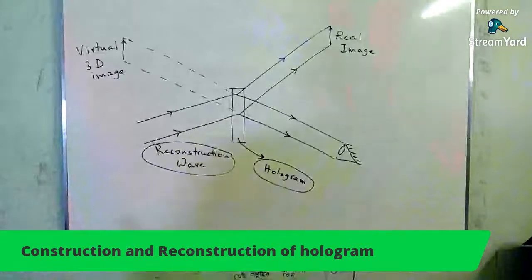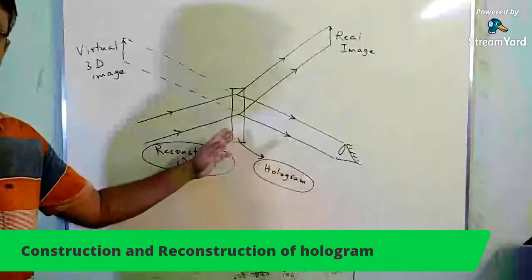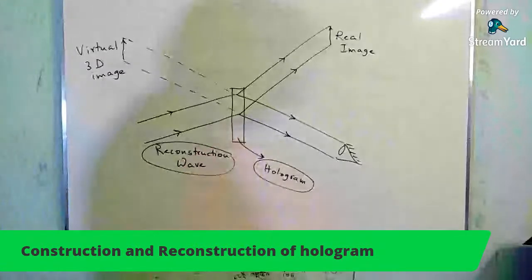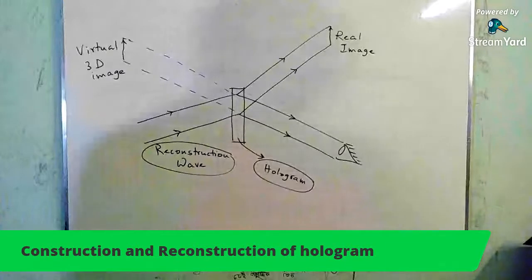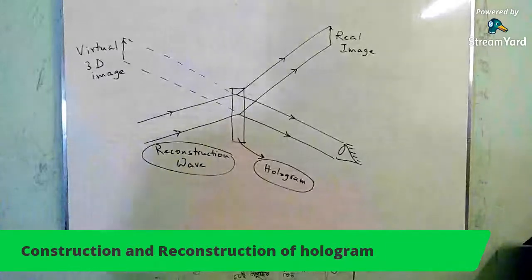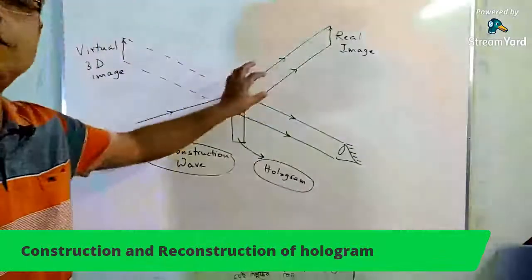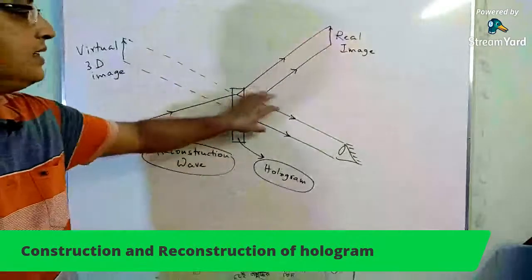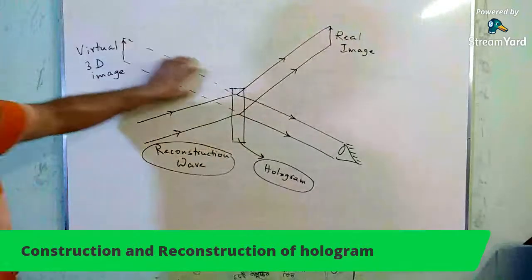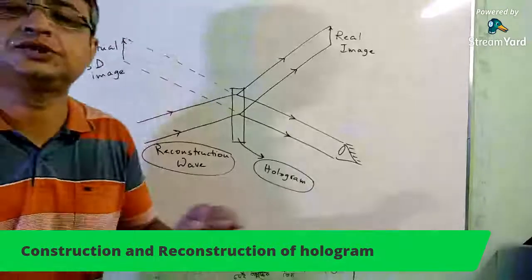So here the hologram acts as a diffraction grating which produces two sets of diffracted beams. One set forms a real image, and the other set forms a three-dimensional virtual image.